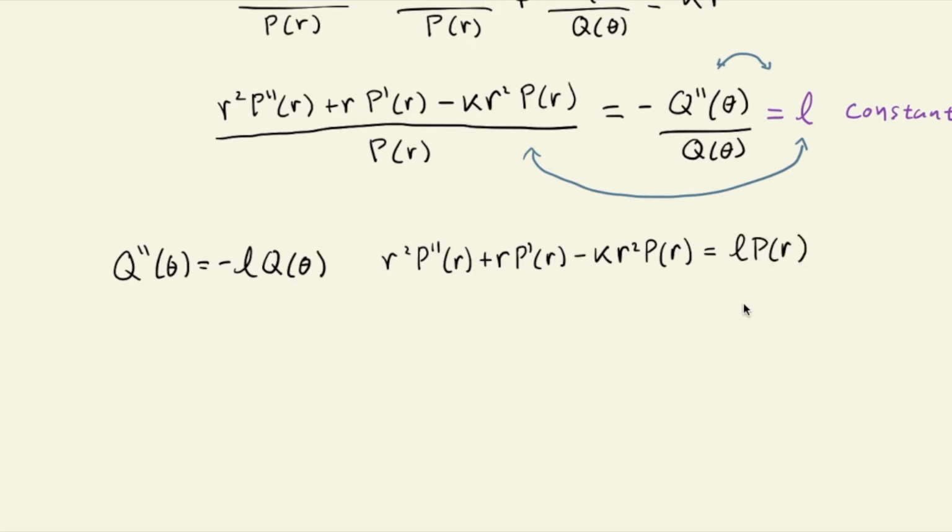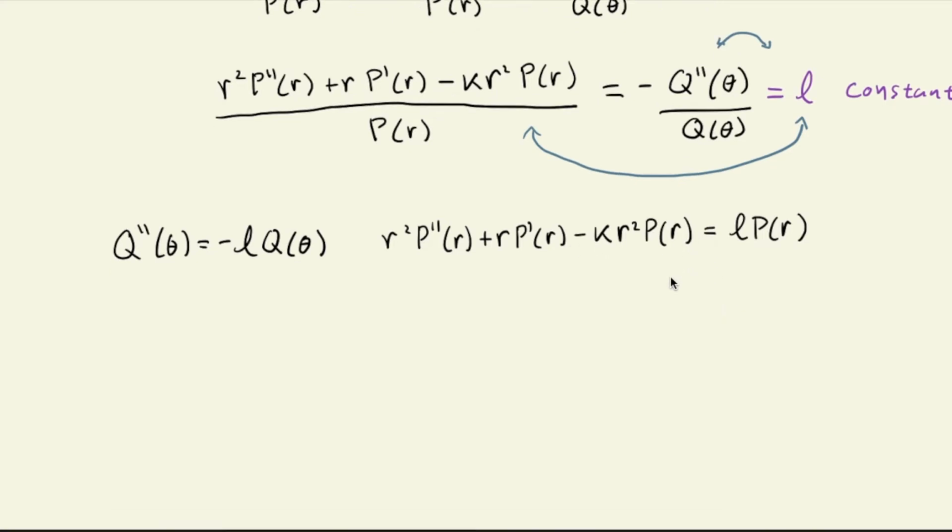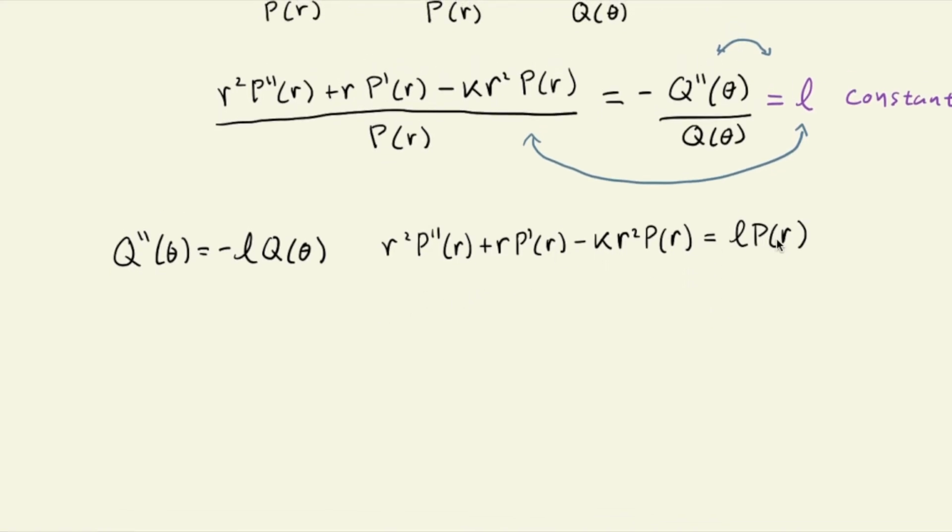So that's the equation for P, which we're going to rewrite a little bit here. I'll just send this to the left. It's going to look like r squared P prime prime plus r P prime minus k r squared plus L P equals 0.